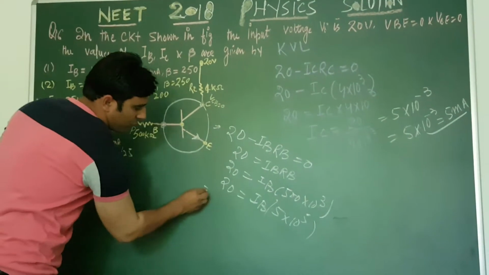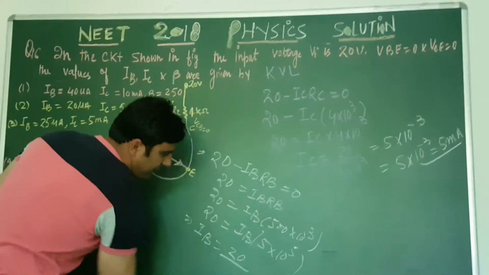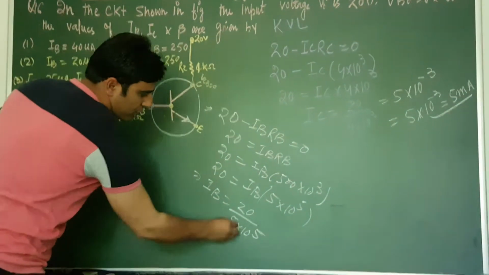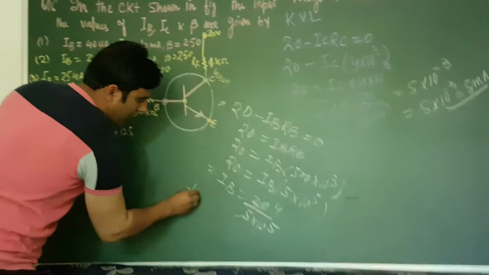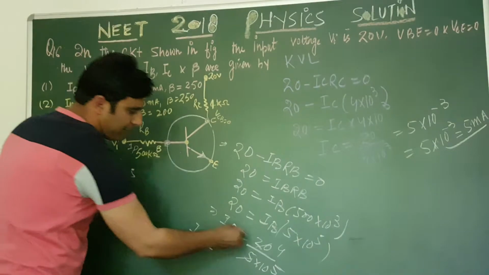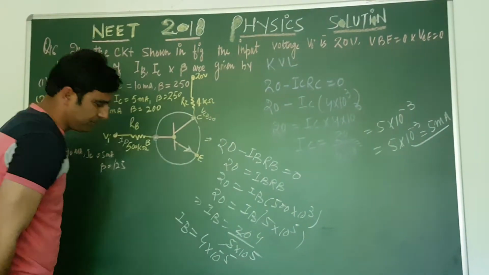So we have to find out IB. IB is equal to 20 divided by 5 into 10 to the power 5. So it will become 4 divided by 5, that is 4 into 10 to the power minus 5.